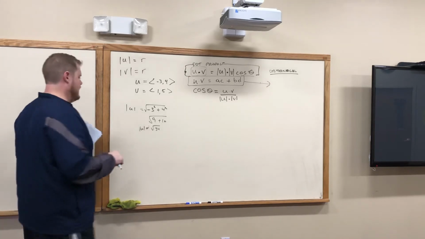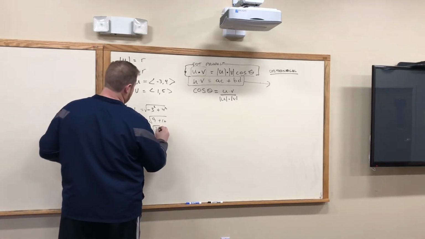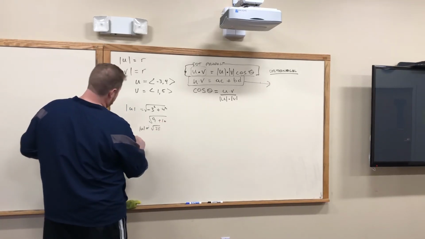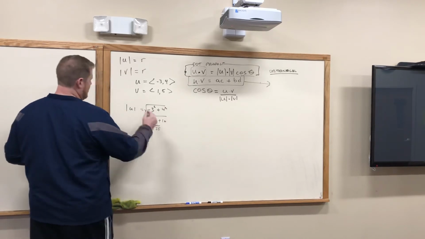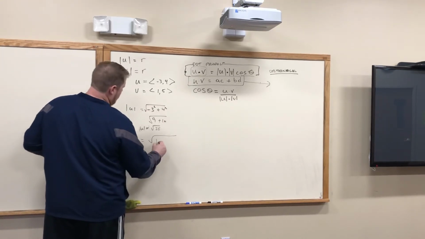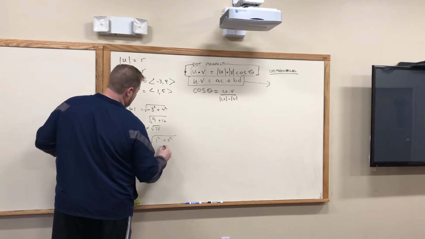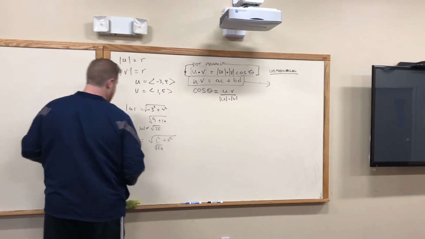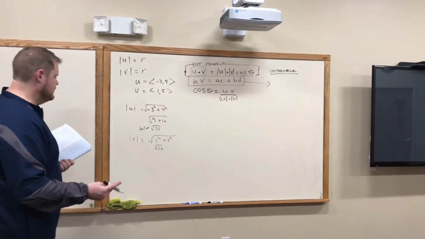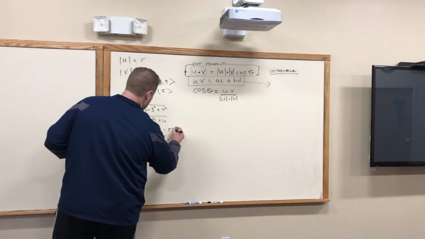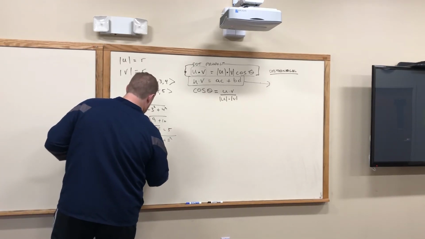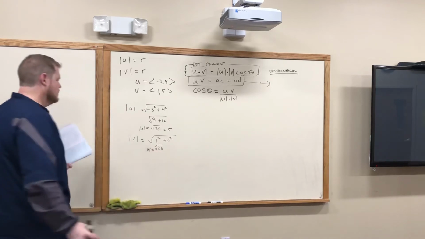Sorry, I misadded, 25, not 34. Then the absolute value of v. What's that going to be? 1 squared plus 5 squared. So that's going to be the square root of 26. So we got two answers, right? 5 and the square root of 26. Any questions on those two answers?